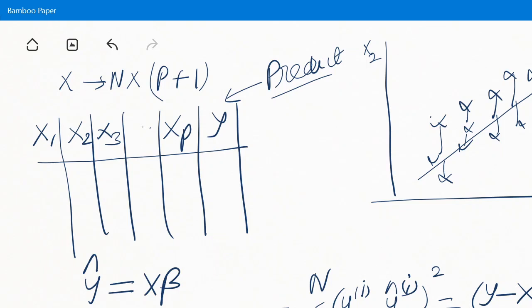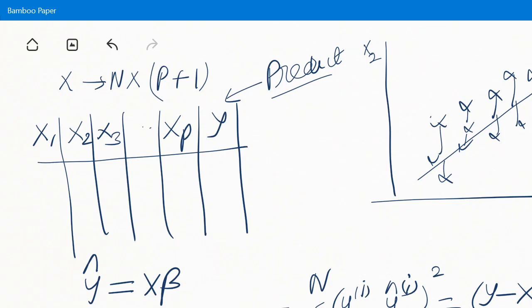and taking a derivative with respect to beta, we will get minus 2 x transpose times y minus x beta.